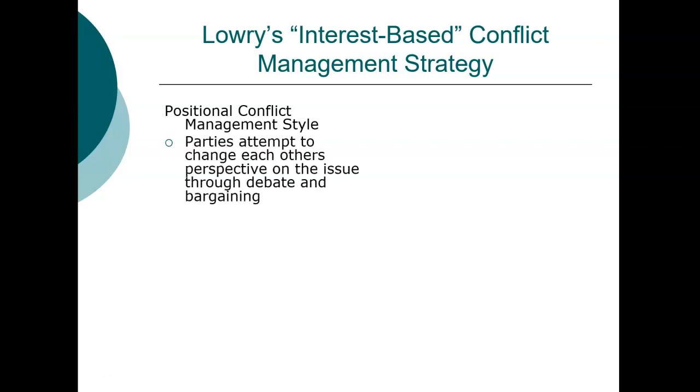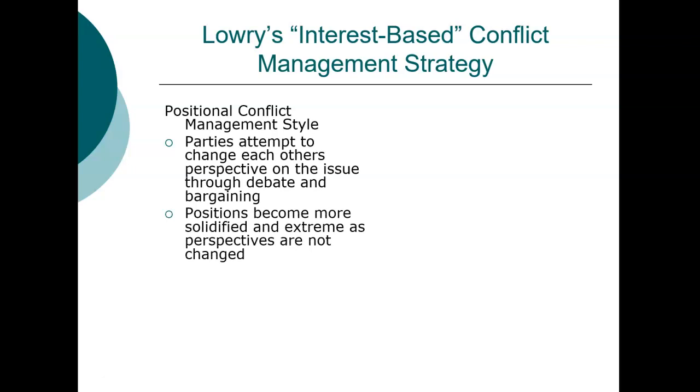This is where parties attempt to change others' perspective on the issues, and they'll offer reasons, rationales. They may even bargain with the other person. But basically, one party is trying to change another party, or both parties are trying to change each other on the way in which they view the issue.